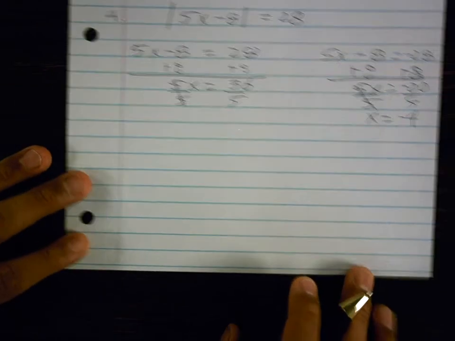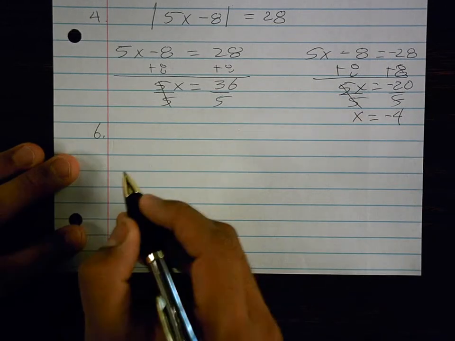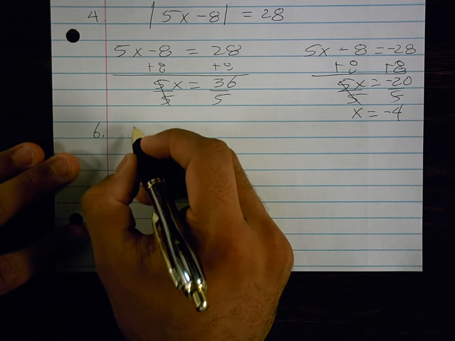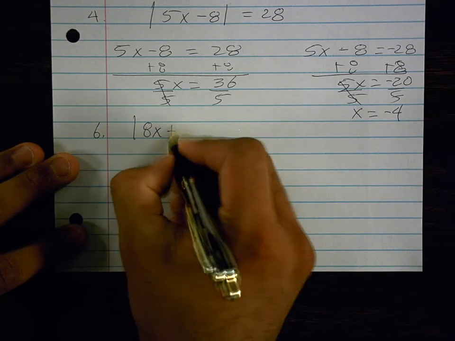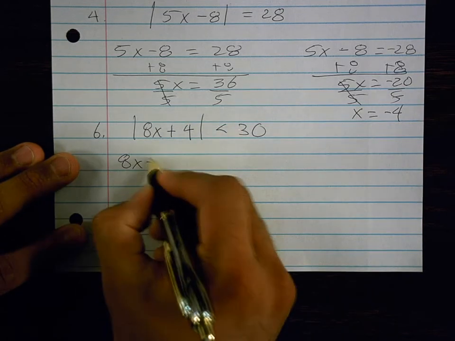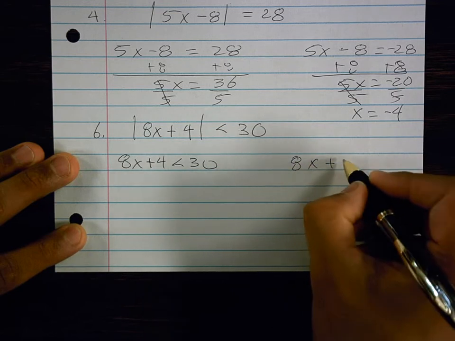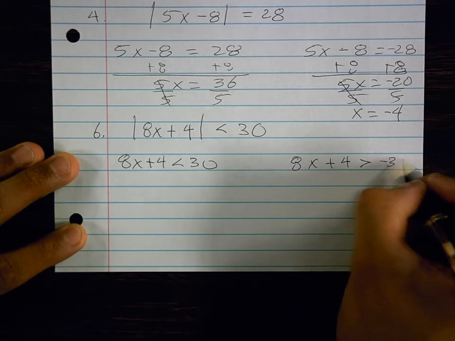Number 6, very similar looking question, but with an inequality, and when you split this one up, when you do the negative one, you have to switch the inequality sign.